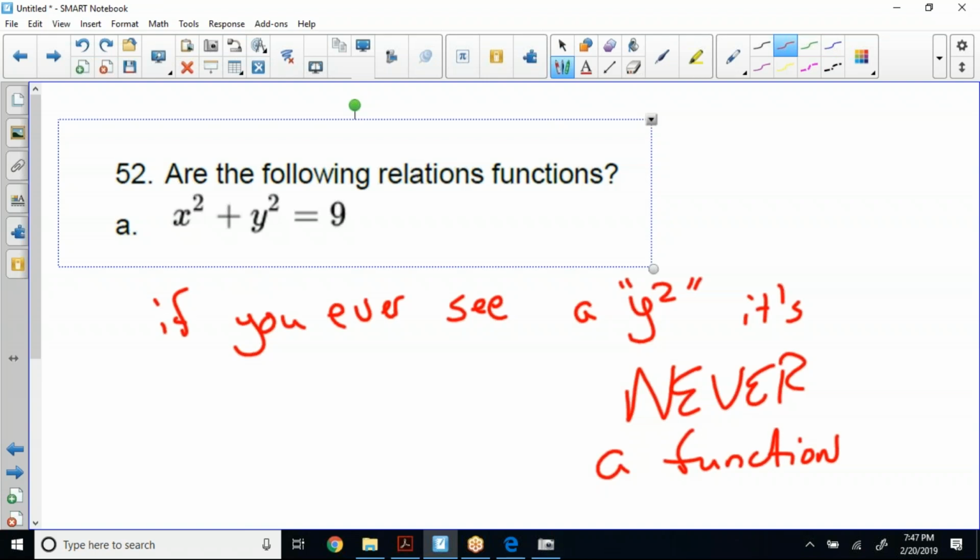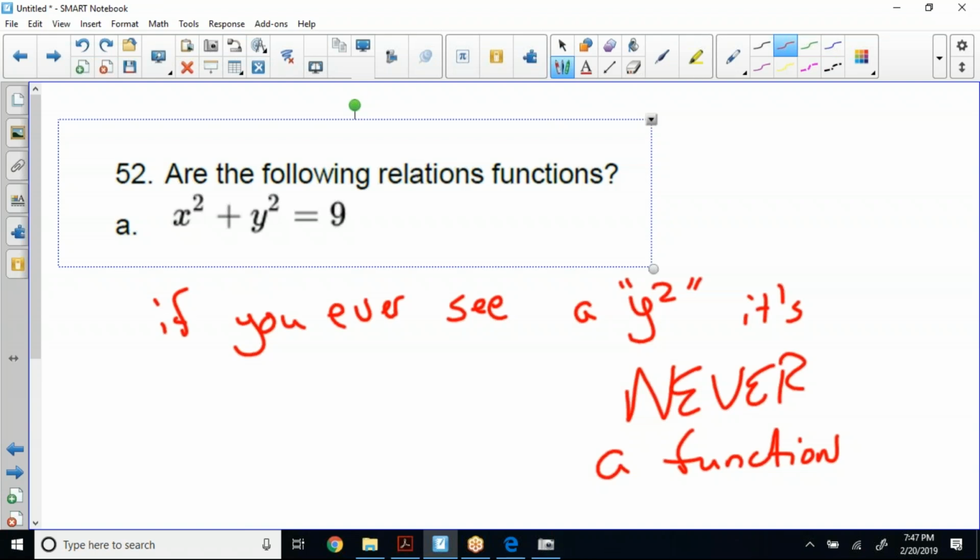End of story. Period. If you ever see a y squared, it's never going to be a function. Period. Now, that equation right up there, that's the equation of a circle. It's centered at 0 with a radius of 3. That's what that is. So, yeah. If you ever see a y squared, never, ever will it ever be a function.